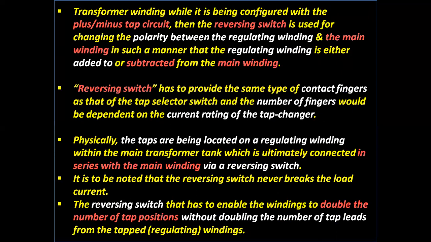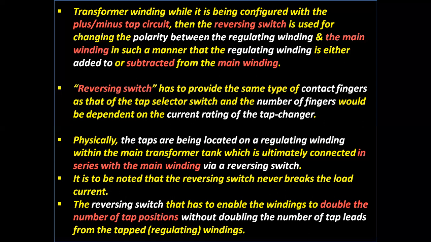The reversing switch has the same type of contact fingers as the tap selector switch, and the number of fingers depends on the current rating of the tap changer. Physically, the taps are located on a regulating winding within the main transformer tank, which is ultimately connected in series with the main winding via a reversing switch.